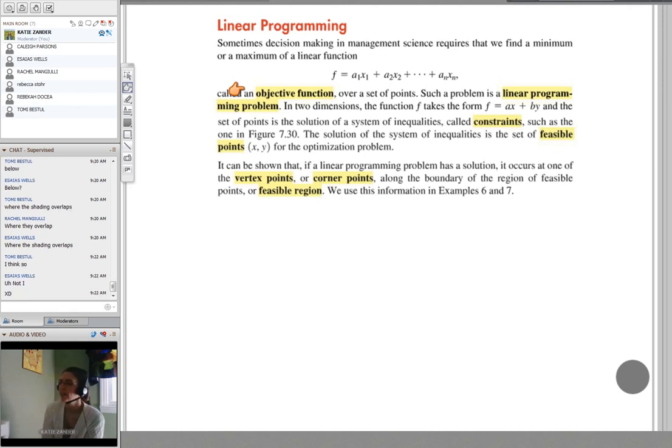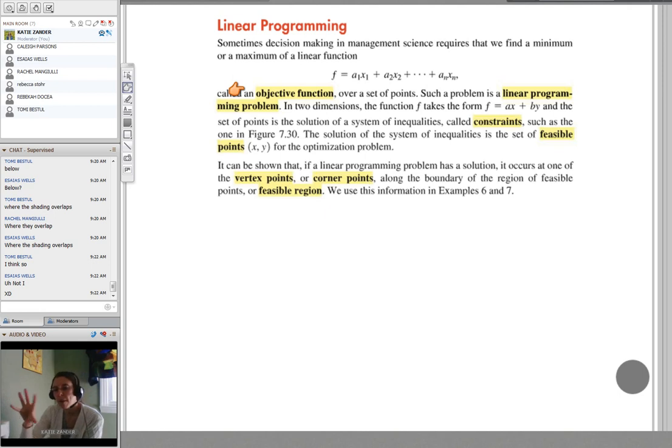anything too extensive. All right, so what linear programming does is it's graphing a system of equations or inequalities on one coordinate plane, and you're looking for the shaded region. And the shaded region will more than likely take on a bounded area of some sort.